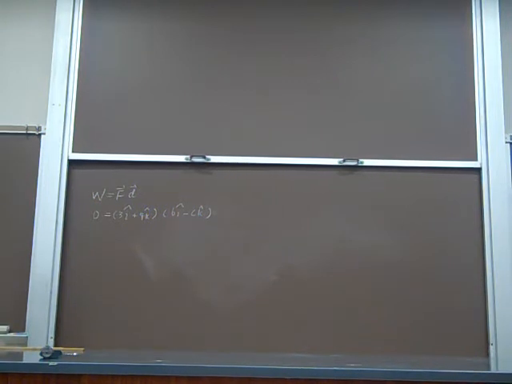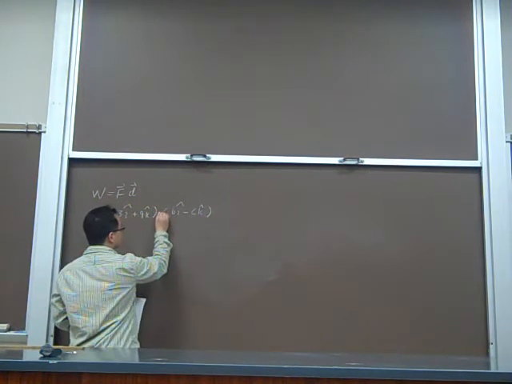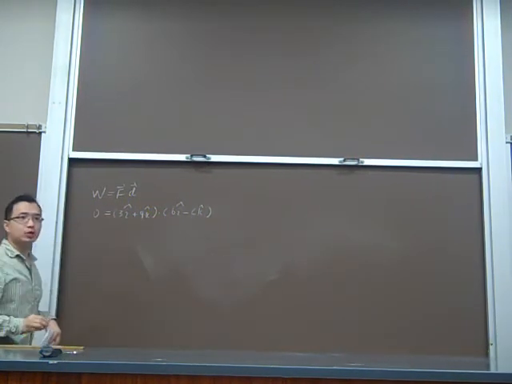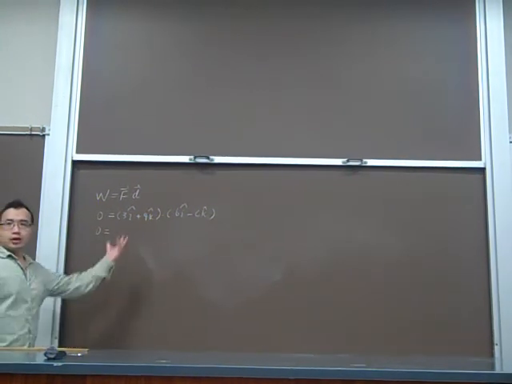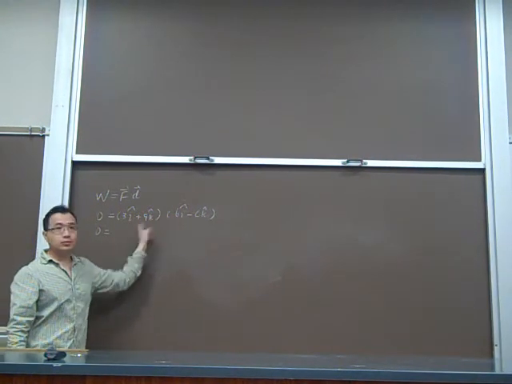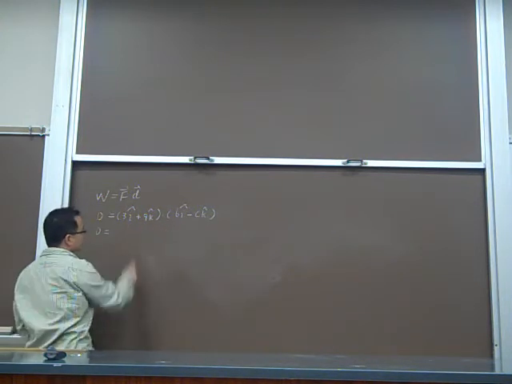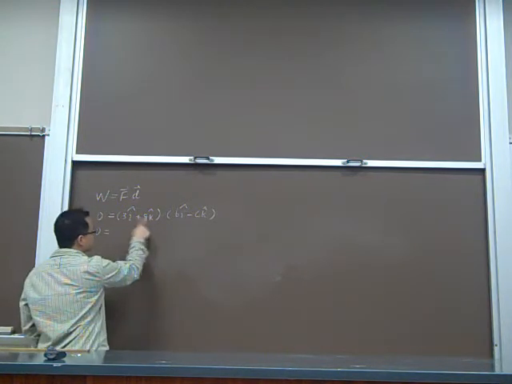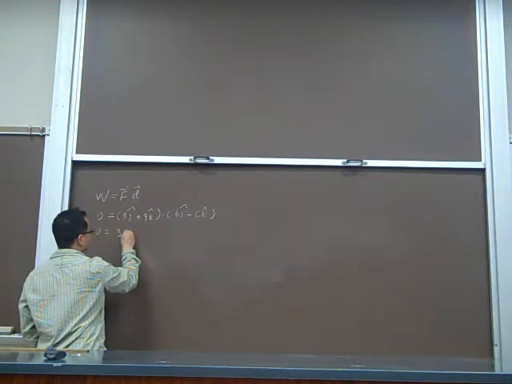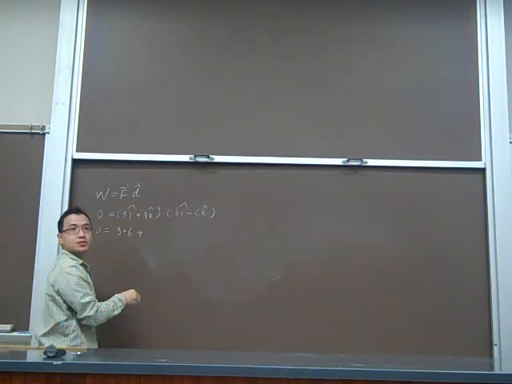From the definition, if the work equals 0, this dot this will be 0. But for the calculation part, what you need to know is how to actually calculate this one. Okay? So if you want to calculate the dot product, that means this multiplied by this, plus this multiplied by this.